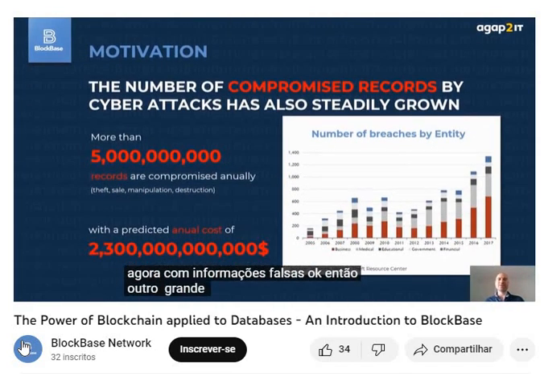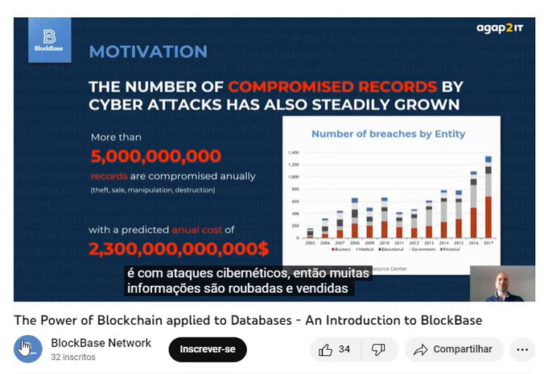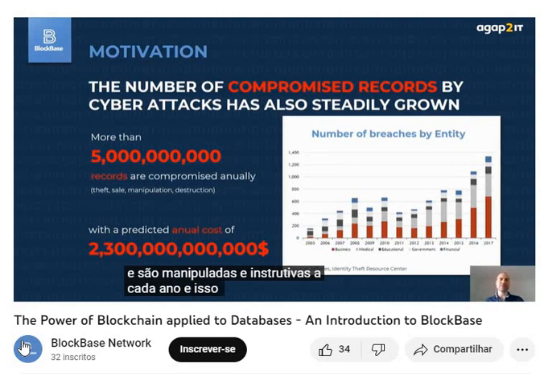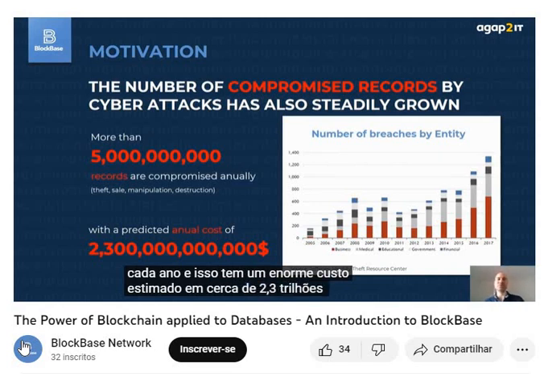Another big problem at the moment is cyber attacks. A lot of information gets stolen, sold online, manipulated and destroyed every year, and this has a huge cost, estimated at about 2.3 trillion every year.